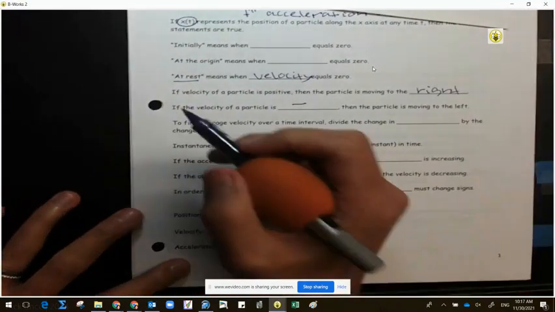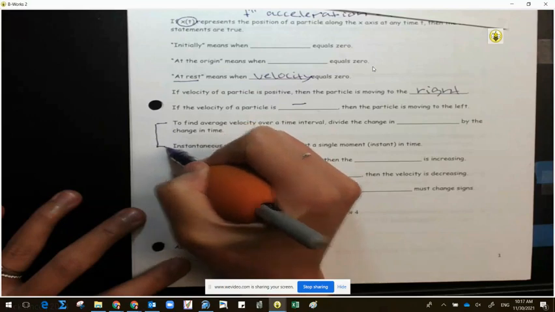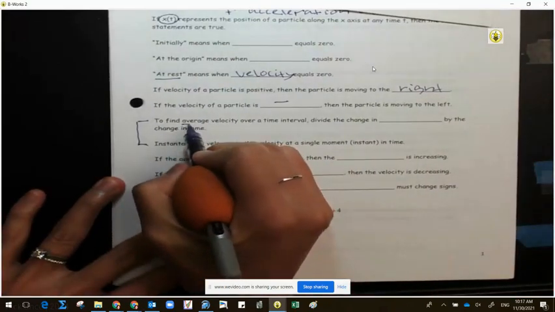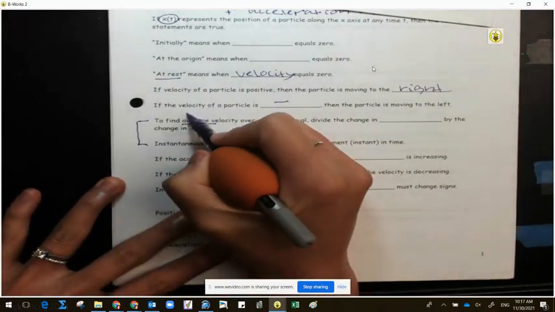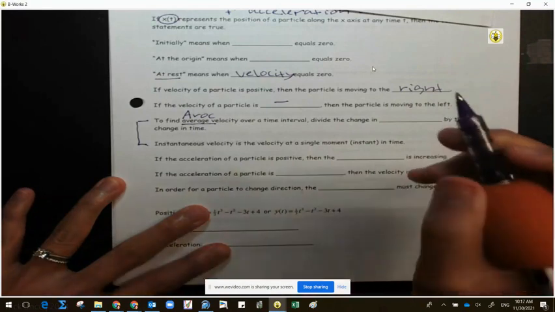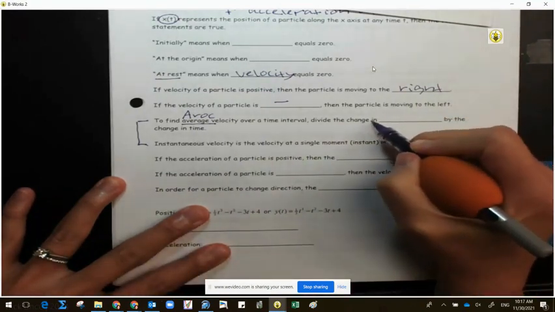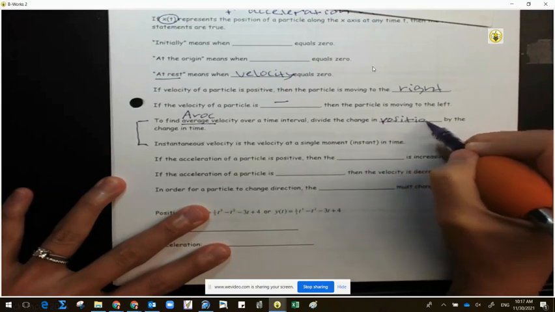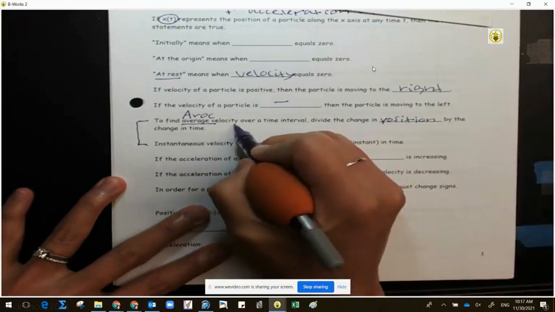And then the next two is pretty much review from unit 1. So let's see what that means. To find the average velocity, let's go ahead and underline the average. Y'all remember the acronym AROC? Average velocity is the change in position divided by the change in time. By that, what I mean is a slope formula.